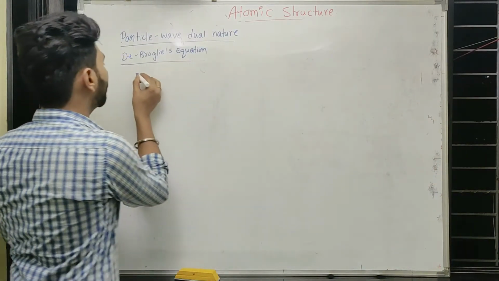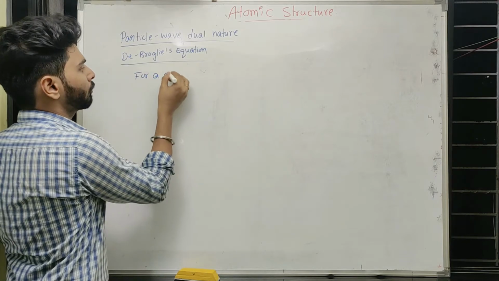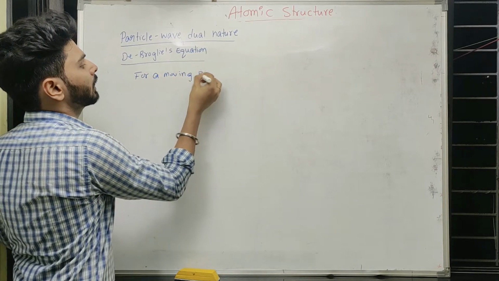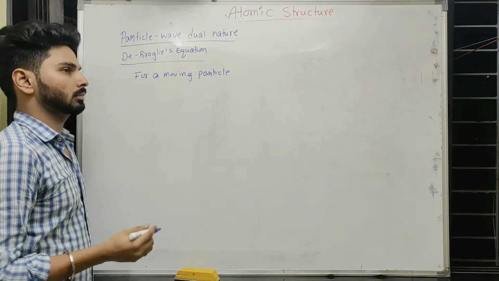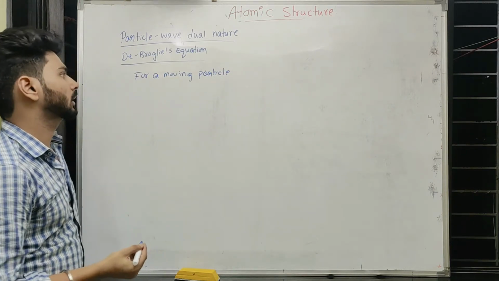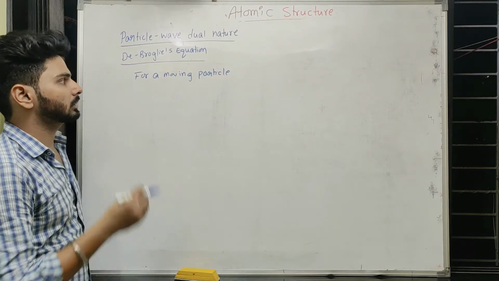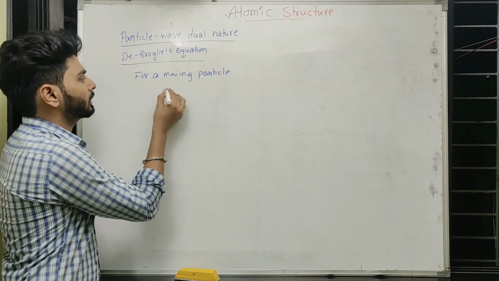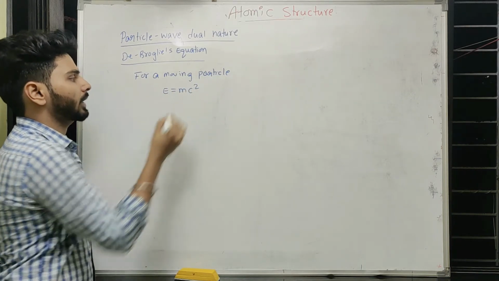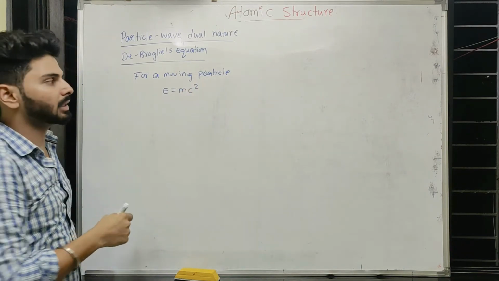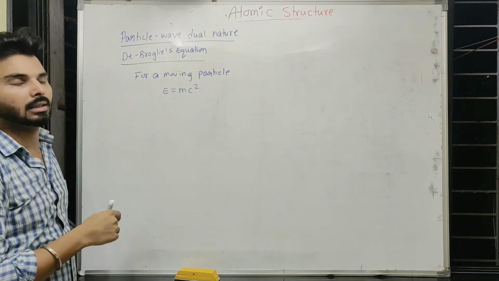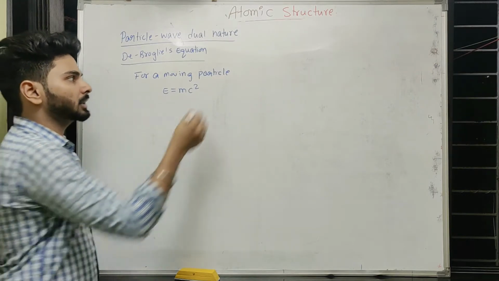So for a moving particle, let us say I am considering a photon, then the energy of that is equal to mc square, where m stands for the mass of that particle and c is the speed of that. I am applying this for electromagnetic radiation.